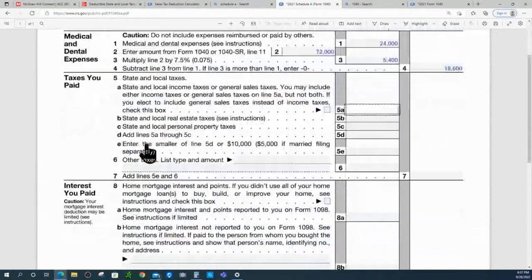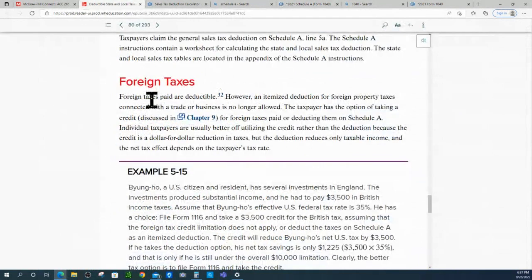Okay. And then foreign taxes would go under other taxes. If you paid taxes to a foreign country, maybe you had investments there, maybe you had property there, any type of foreign taxes, you actually get a choice between taking a credit for the foreign taxes paid or taking a deduction.